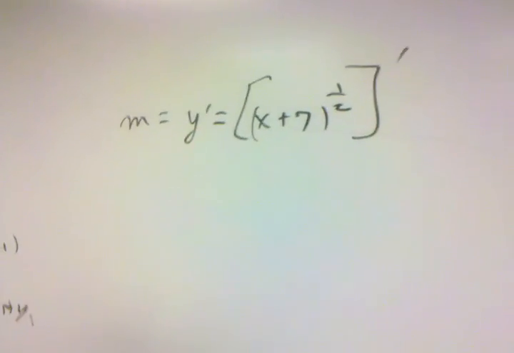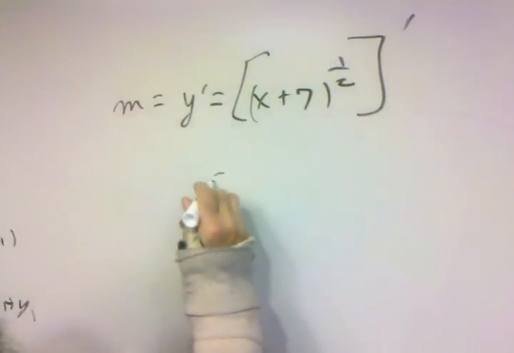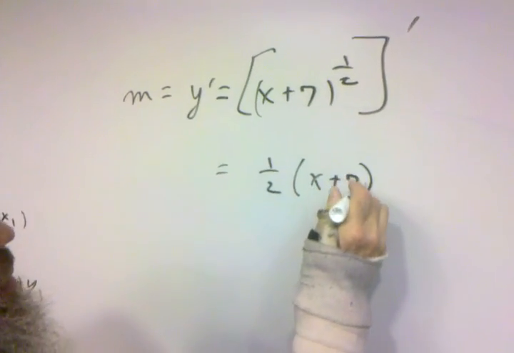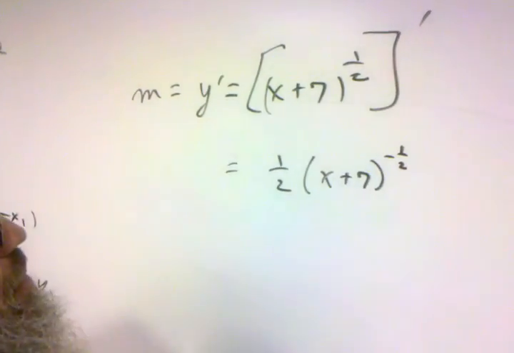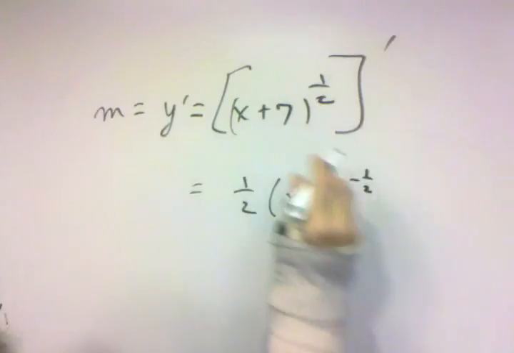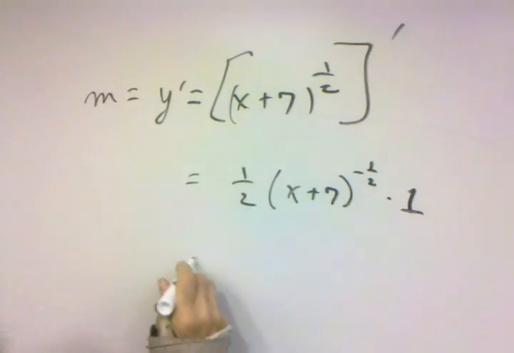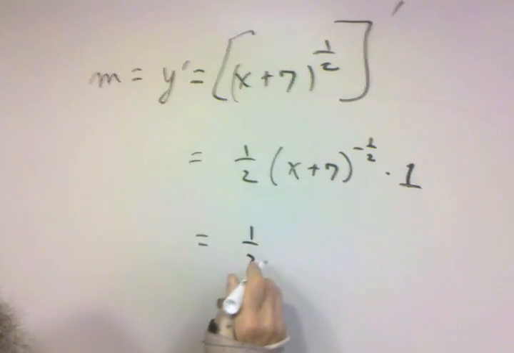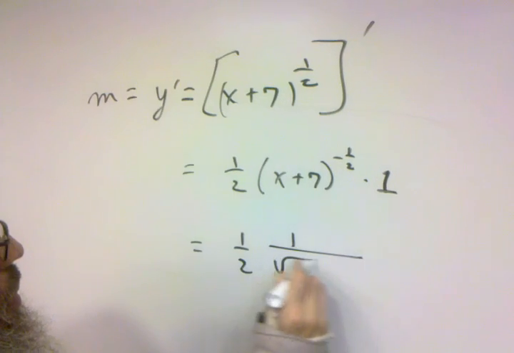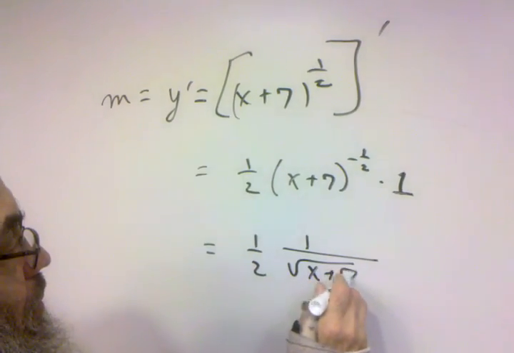Using our chain rule, the derivative of this is going to be 1/2 times x plus 7 to the negative 1/2, using this as a quantity itself, times the derivative of the inside, which is just plain 1. So it equals 1/2 times 1 over the square root of x plus 7.